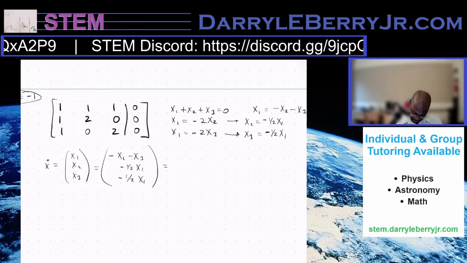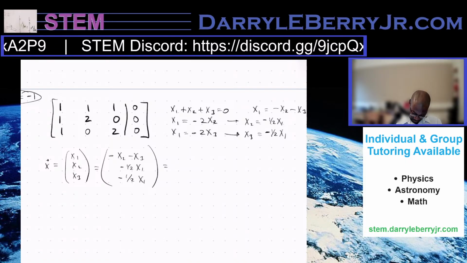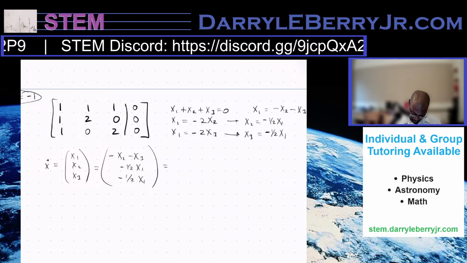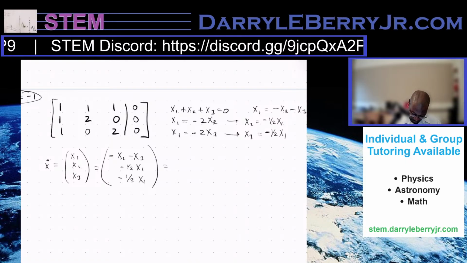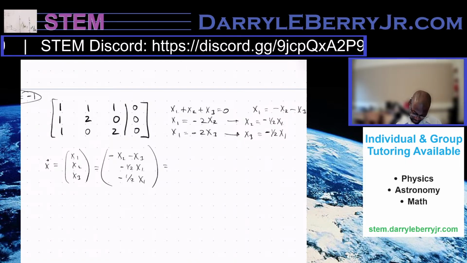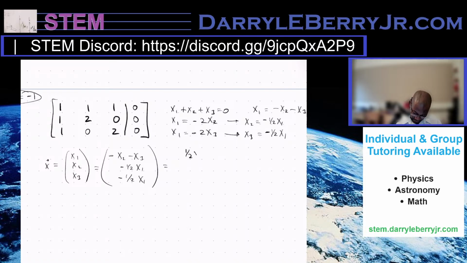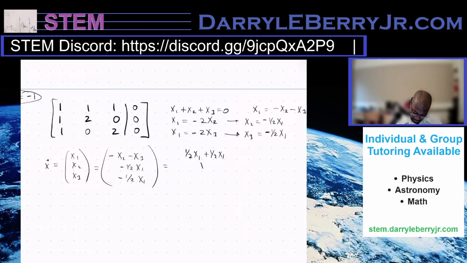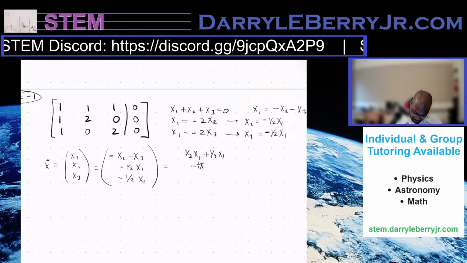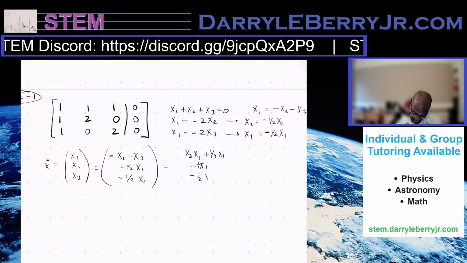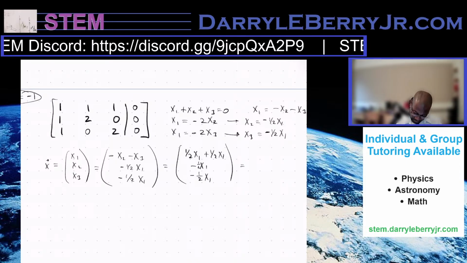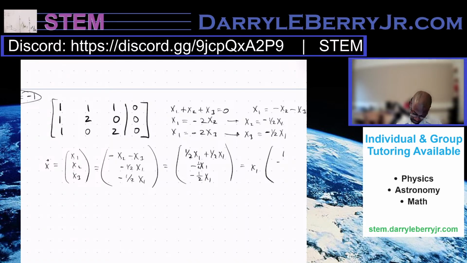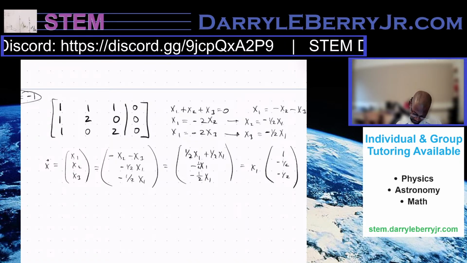So perhaps it was best to, so this will be 1/2 x1 plus 1/2 x1, negative 1/2 x1, negative 1/2 x1. So this will be x1 times 1, negative 1/2, negative 1/2.